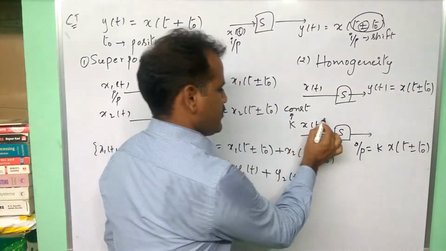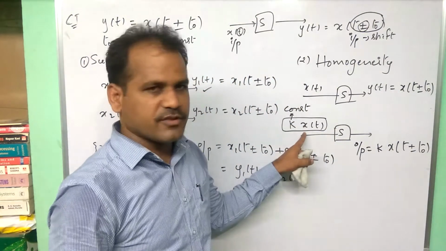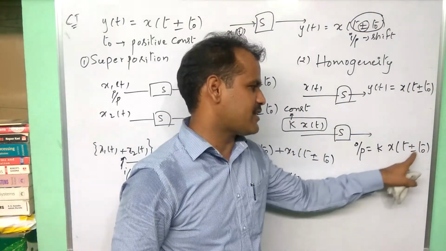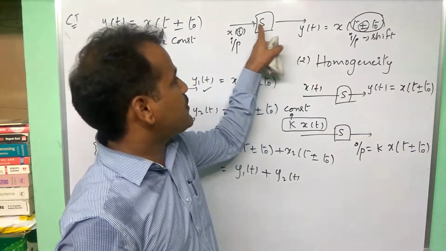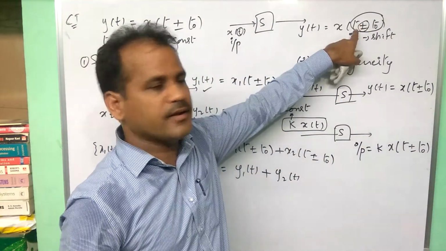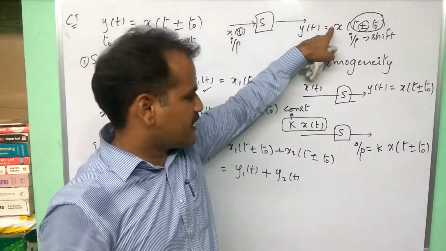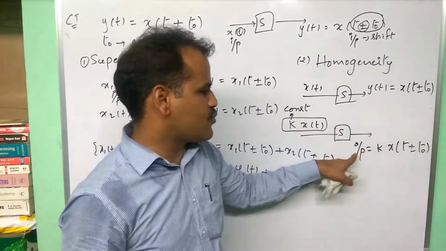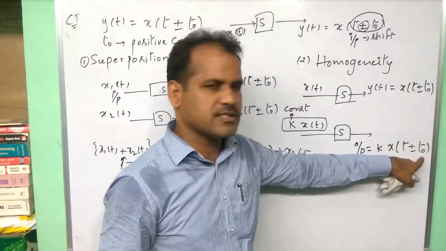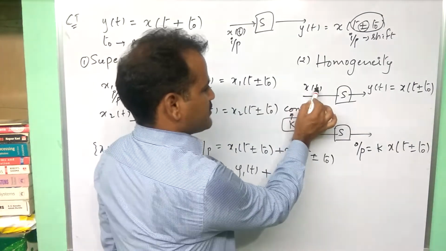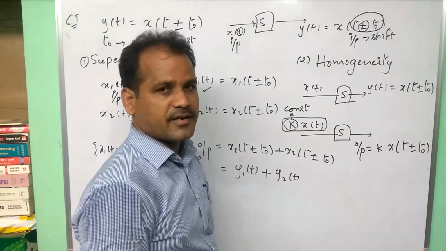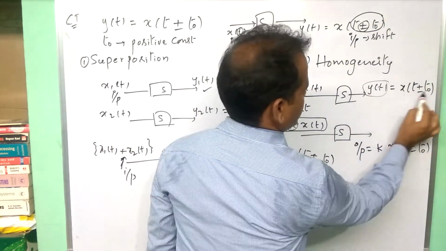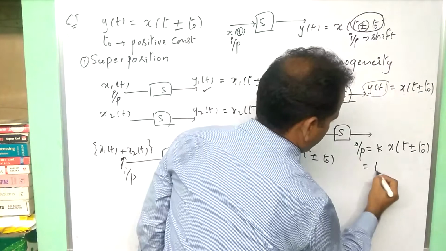So this is the total input. The delayed or advanced version of this input means t should be replaced with t plus or minus t naught, because the system performs its operation on the independent variable only. Amplitude variations are not considered here, so the amplitude multiplied with k has no effect. The output should be equal to k into x of t plus or minus t naught, which is k into y of t.